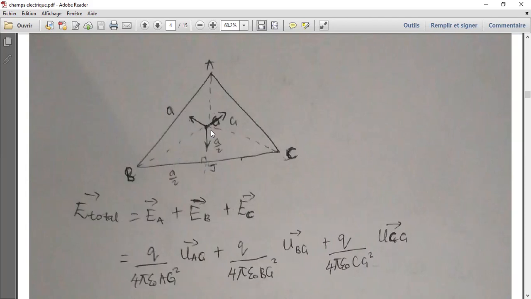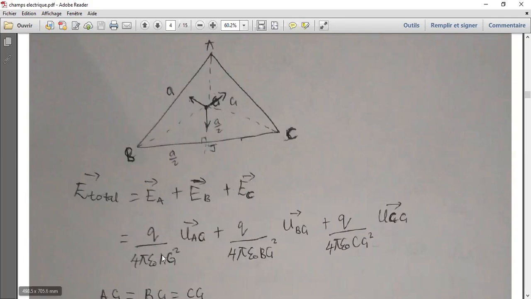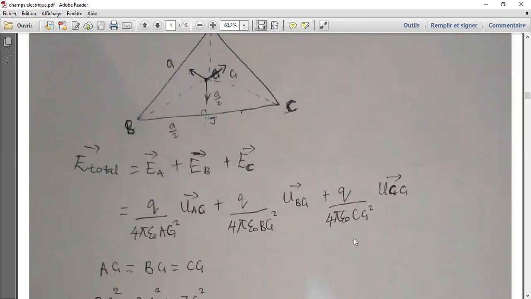To find the longest distance, it is this side squared plus this side squared. My main goal is finding BG, since it's the one we have in our equation here, AG, BG, and CG. Those are my main goals.